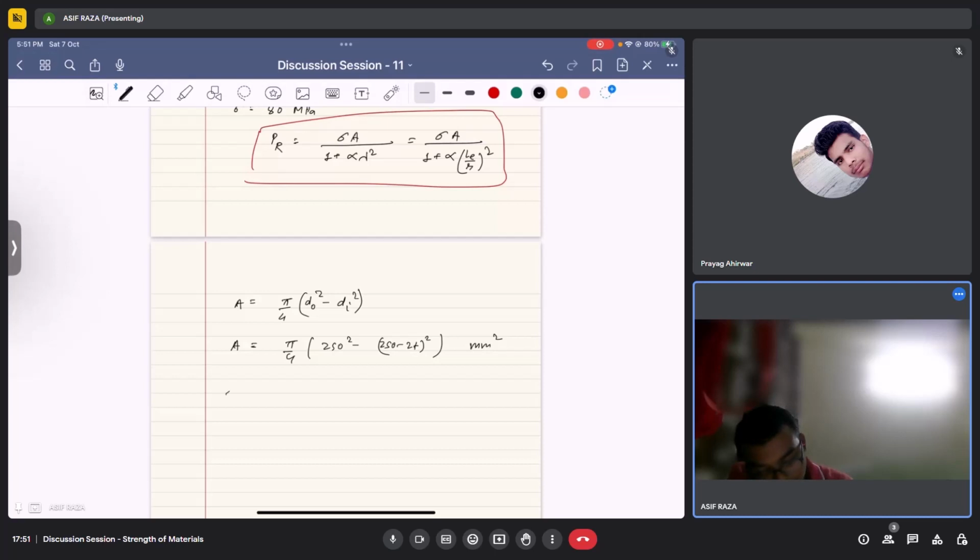Now to find r, that would be root of I upon A, and I is pi by 64 t naught power 4 minus ti to the power 4, upon pi by 4 t naught square minus ti square.